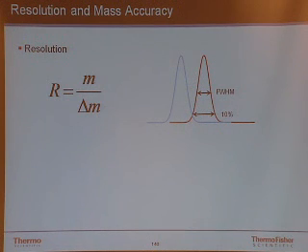And resolution in mass spectrometry simply says that this is the mass that you're measuring, and this is the peak width at the half height. So, for example, if I'm measuring a molecular weight, let's say a molecular weight of 1,000, then it means that this has to be accurate to 0.01 millimass units.